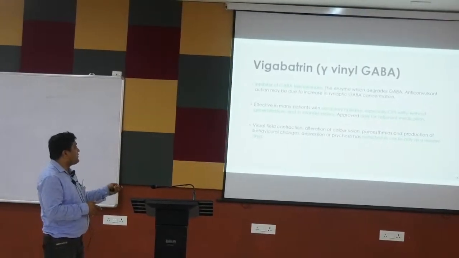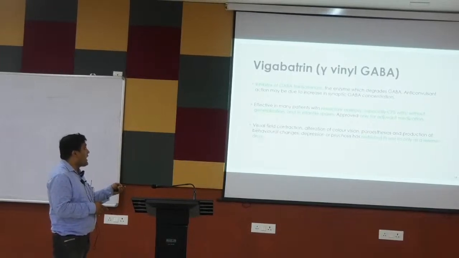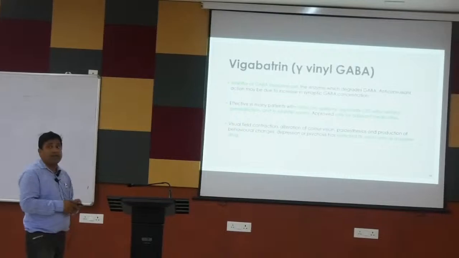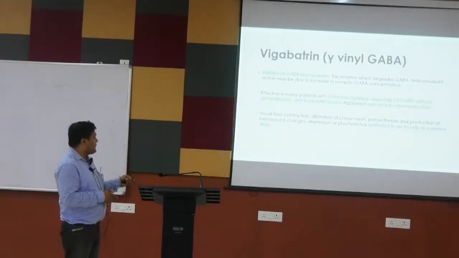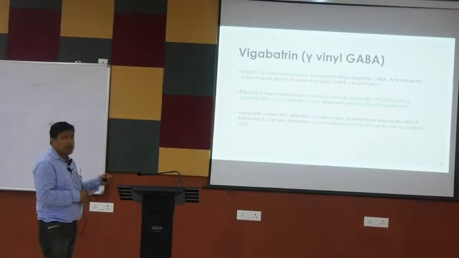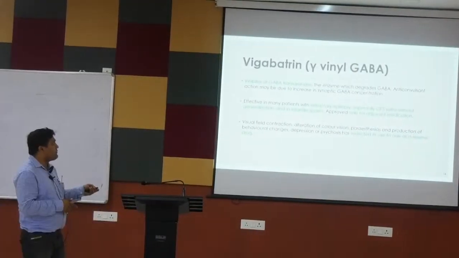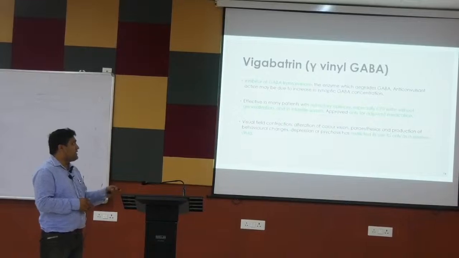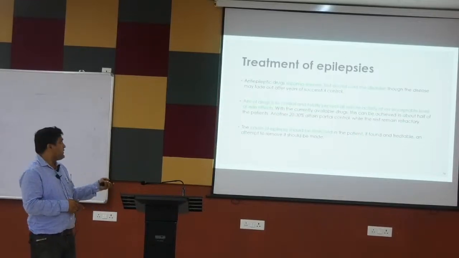Effective in many patients with refractory epilepsy, especially complex partial seizure, and they are also effective in infantile spasm. Approved only for adjuvant medication. Because of effect on the eye, visual field contraction, alteration of color vision, paresthesia, behavioral change, their use has been restricted only for the reserve drug.